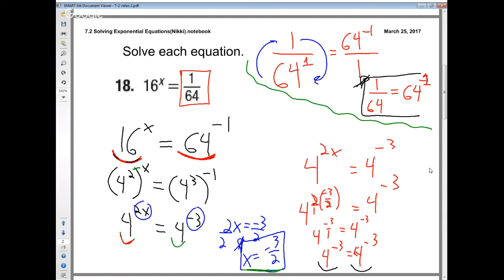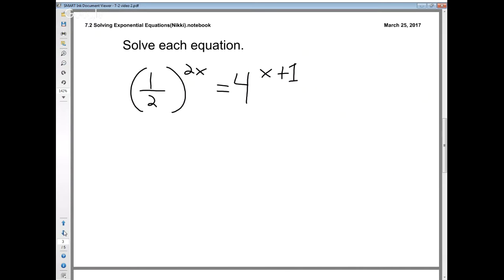So that's our first example in terms of dealing with a fraction in our equation. Let's take a look at another example so we can just get some practice. So now we have 1/2 to the power of 2x, set equal to 4 to the power of x plus 1.